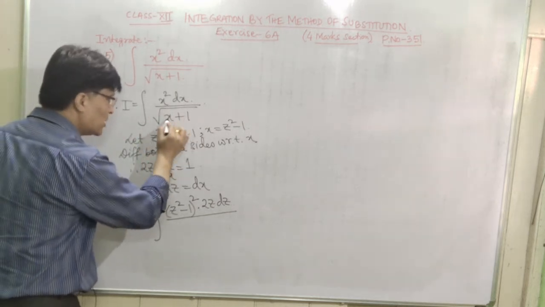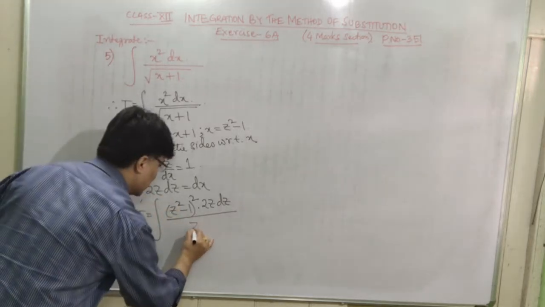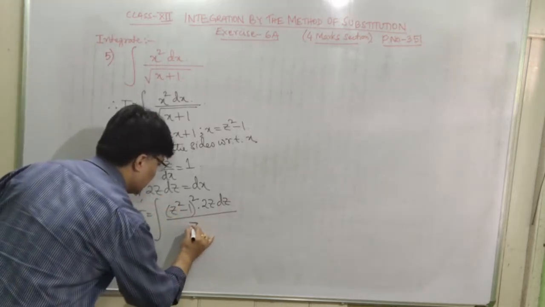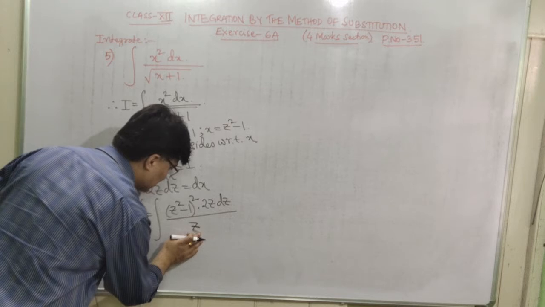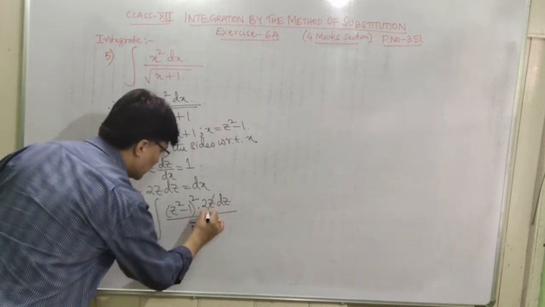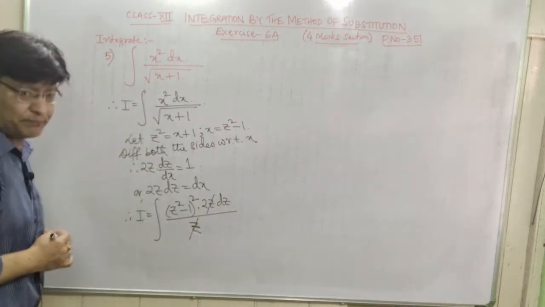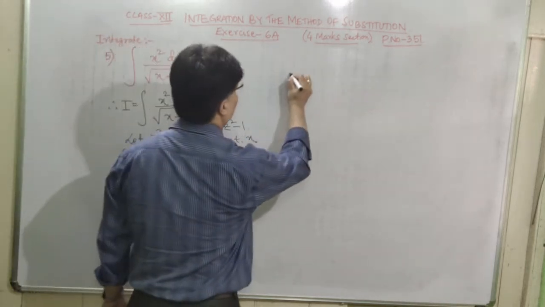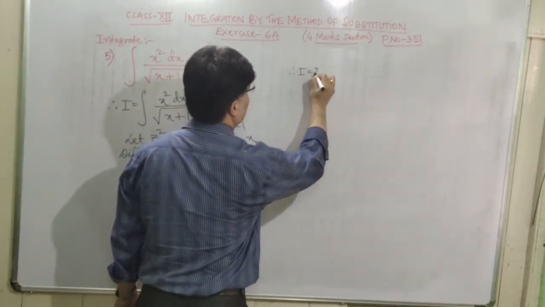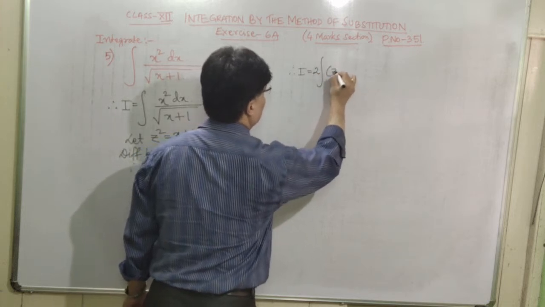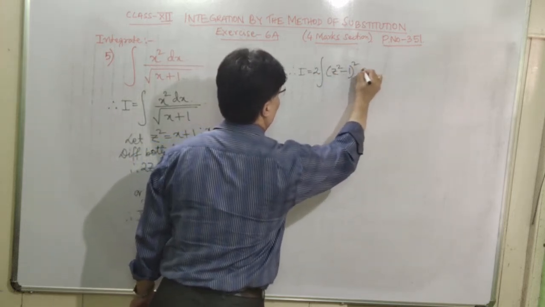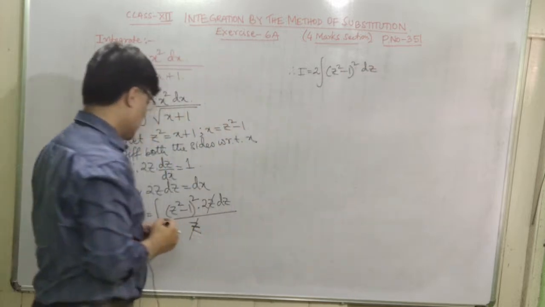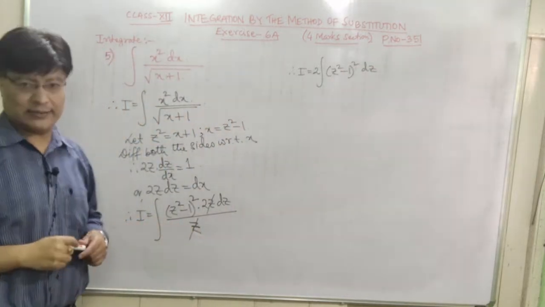Root over z square will be z only, so we can cancel this z. The constant term 2 we can take outside. Therefore I is equal to 2 integral of z square minus 1 whole square dz.